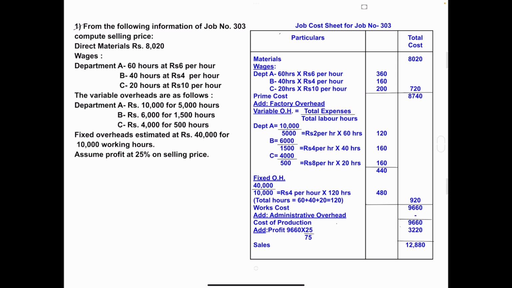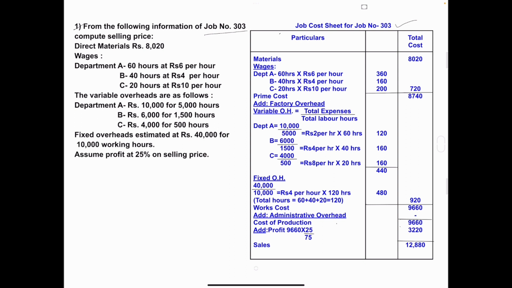So, in this problem, they have given information related to material, wages, variable overhead and fixed overhead. And we have to prepare the job cost sheet for job number 303. Let's start the solution. Heading, job cost sheet for job number 303.